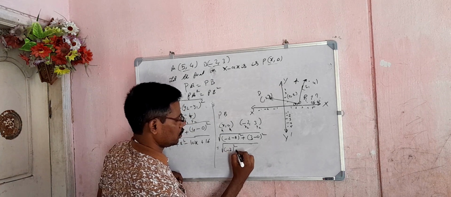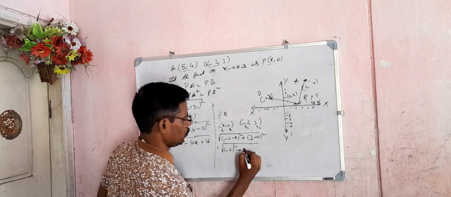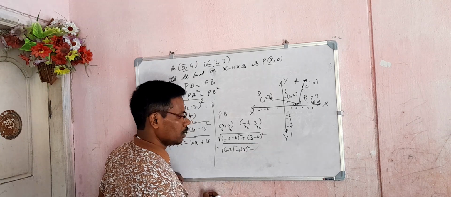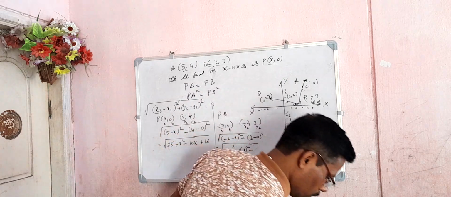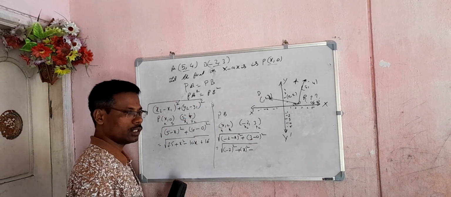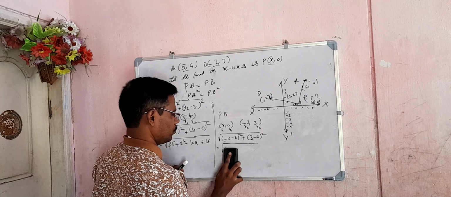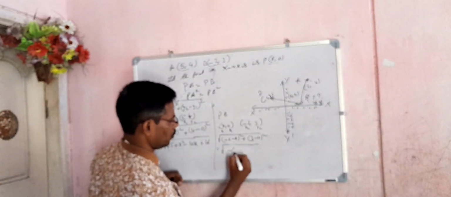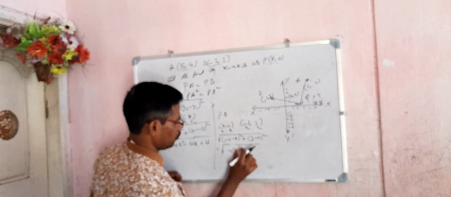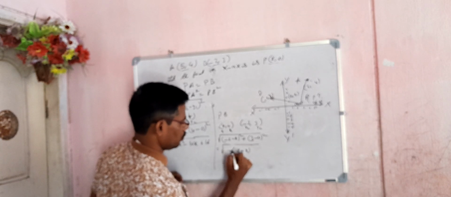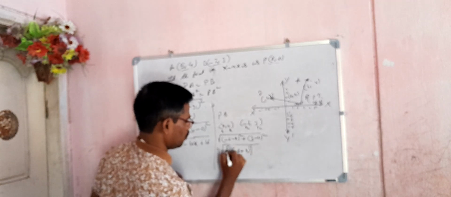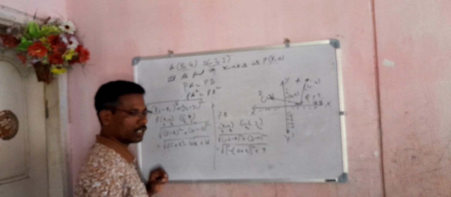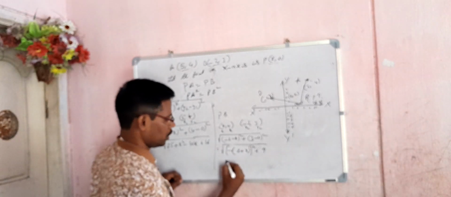Since it is having both negative signs, simple, (-2 minus x) becomes (2 plus x) whole square, plus 3 square is 9. You write like this to avoid confusion.